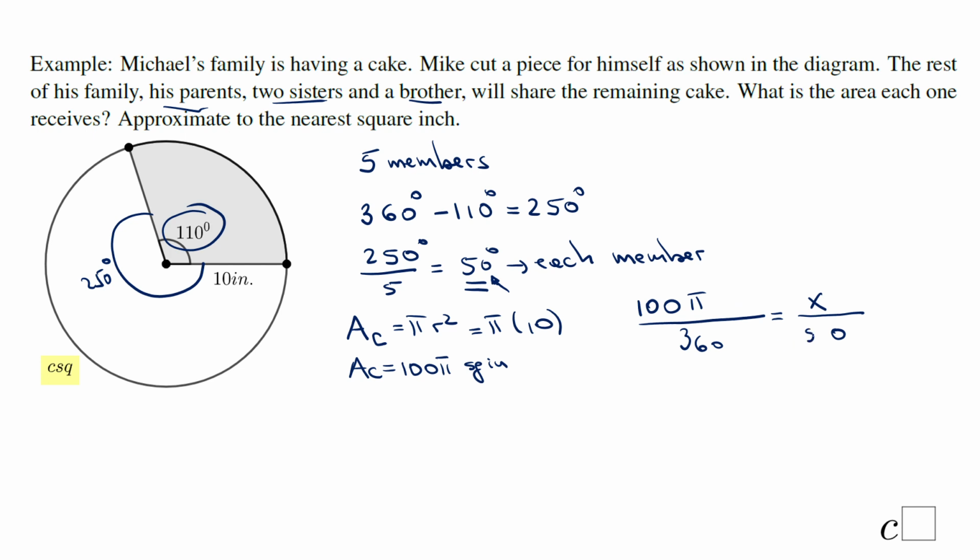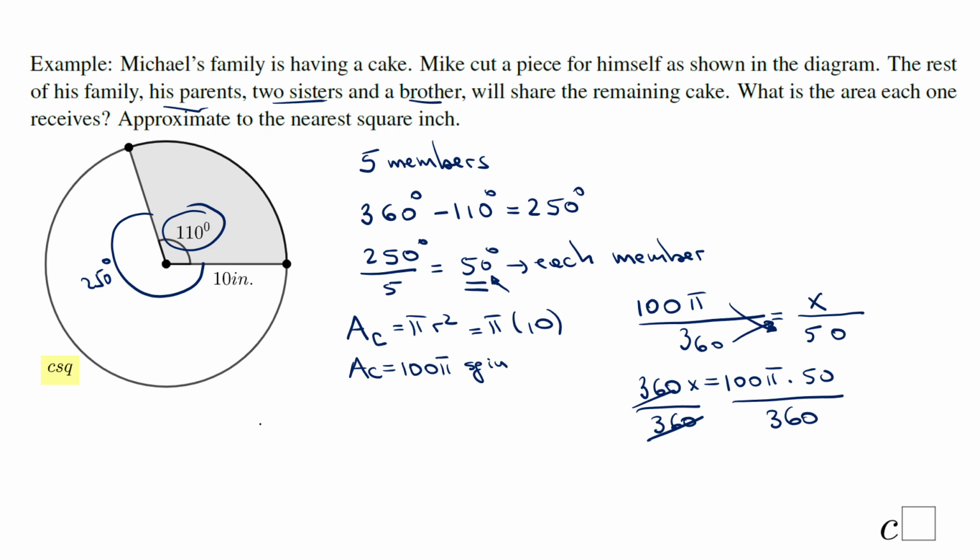Cross multiplication like we did before. So we have 360 times x equals 100 pi times 50. So again, this way and this way. We're going to divide by 360 to get rid of this 360 on both sides.